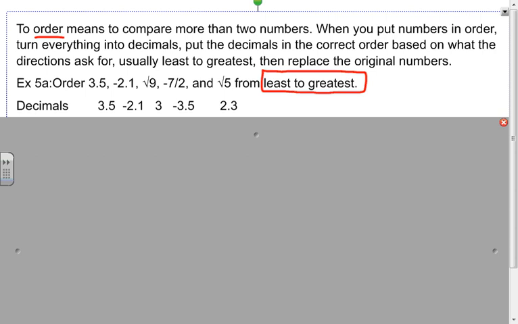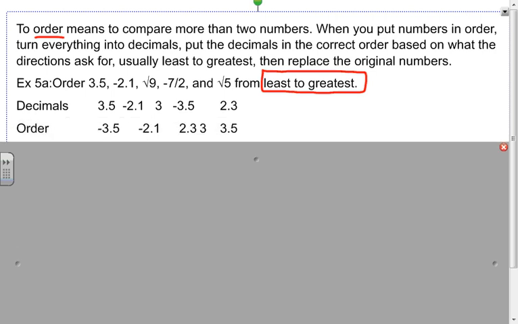Negative 2.1 is already a decimal. Square root of 9 is 3. I don't need to put 3.0, it's just a whole number there. Negative 7 over 2 as a decimal is negative 3.5. And the square root of 5 as a decimal is 2.3. So I just changed all of them to decimals.